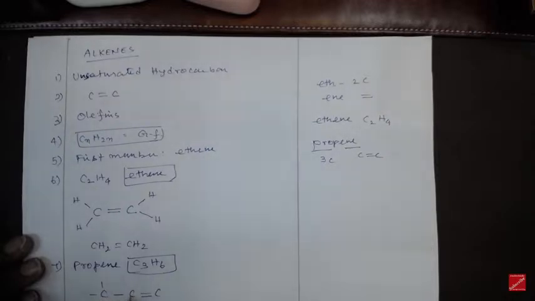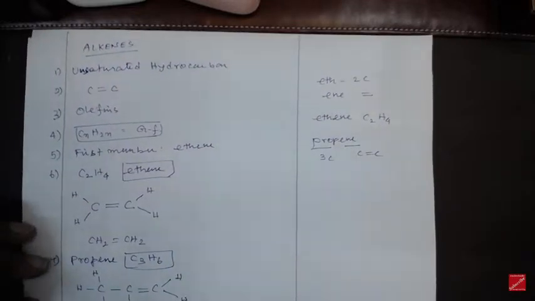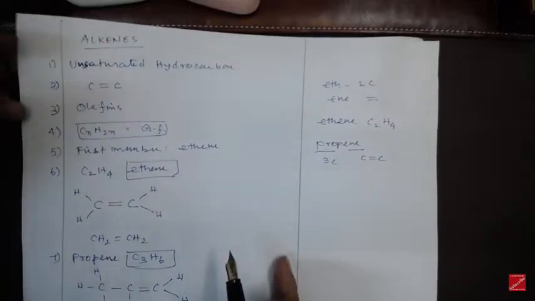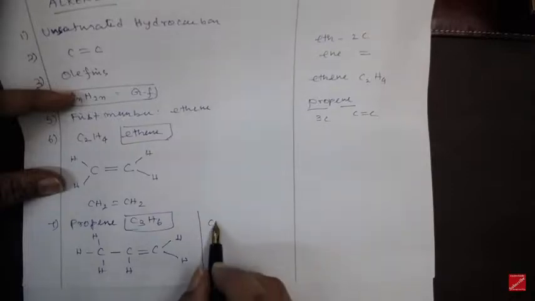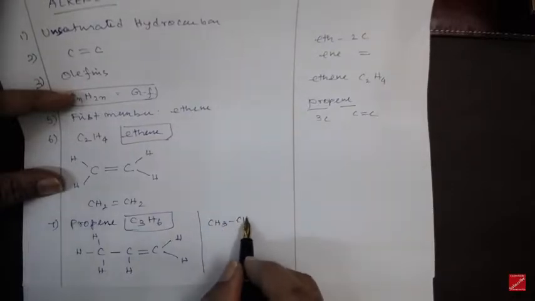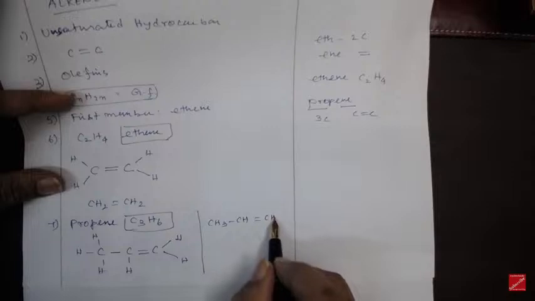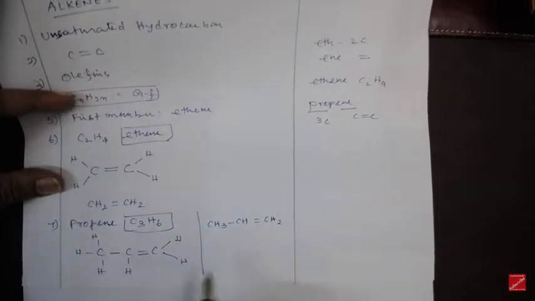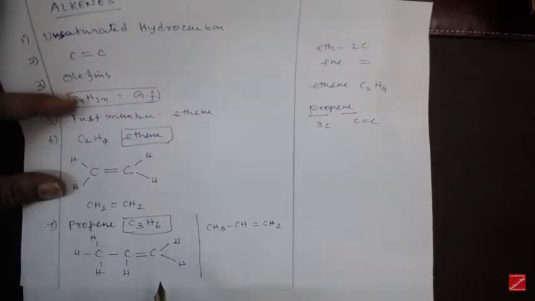Here you have one carbon, so one bond, 3 bonds, so put one bond. Here you have double bond, so you can put 2 bonds. So fill up with hydrogen, H, H, H, H, H. Okay. So that is CH3, CH double bond CH2. So this is called propene.